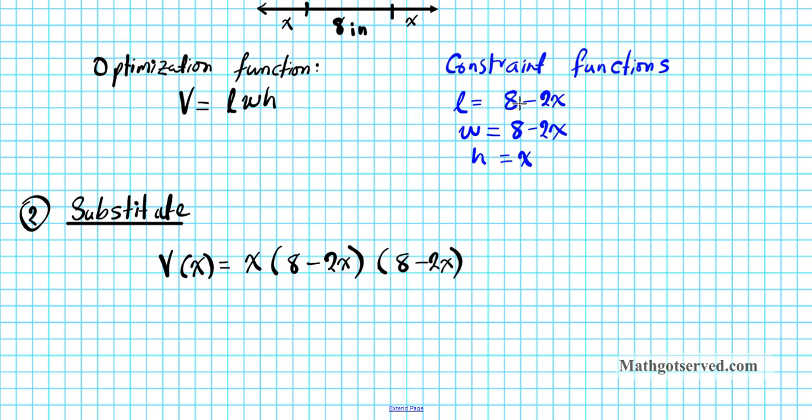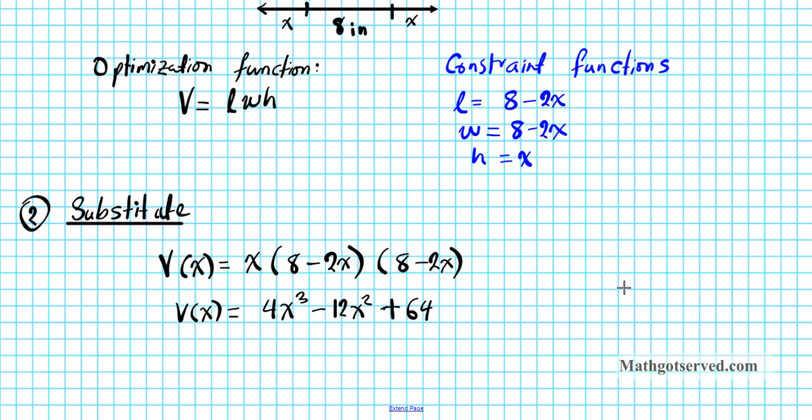Just substituting these constraint functions into the optimization function, we have this nice function right here. Now if we expand this, we just FOIL it out, we end up with V of x equals 4x cubed minus 12x squared plus 64. Just by distributing, this is what you get.